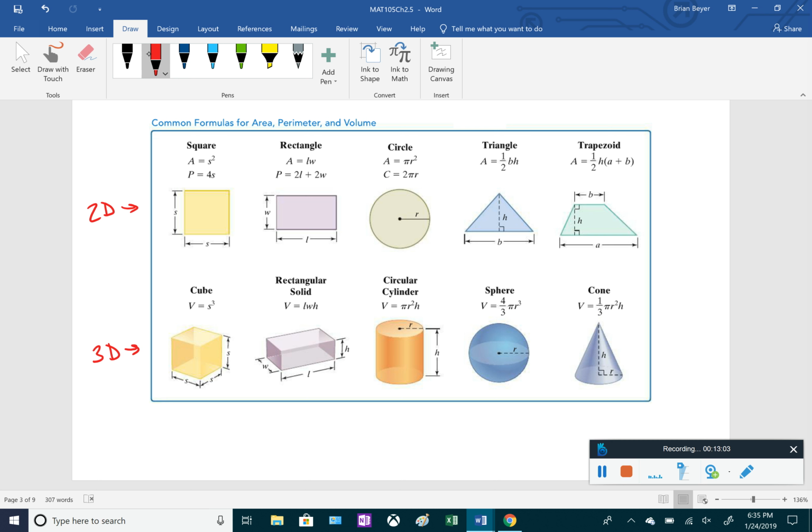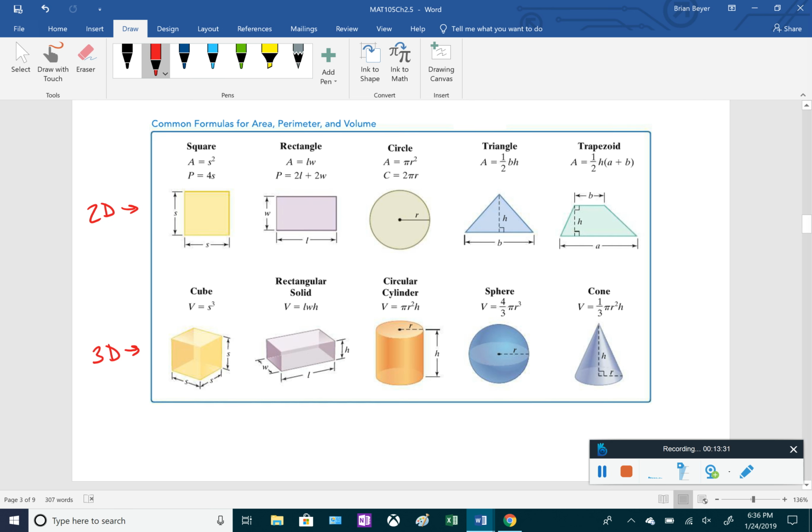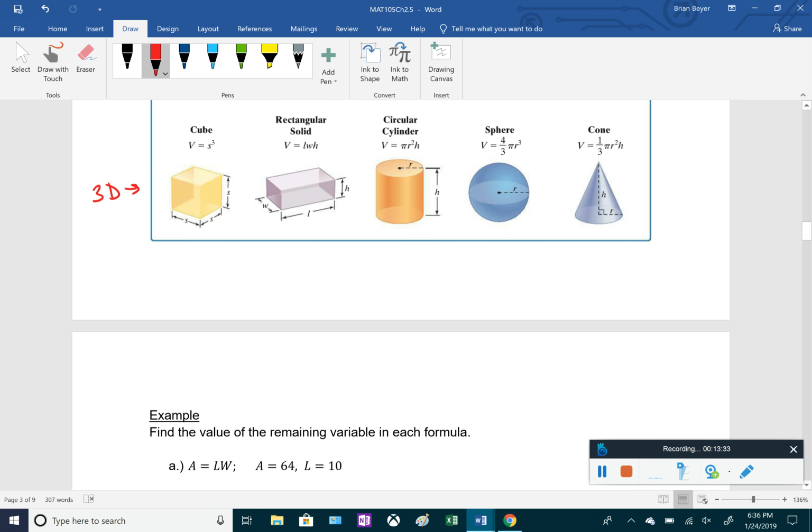So that's the A and the P that you see for those formulas up there. And for the formulas for the three-dimensional shapes, we have volume, and we could also have surface area, which is not included here. Area is going to be squared units, and volume is going to be cubed units, and perimeter is just going to be one-dimensional. So you can glance at those if you want. We'll be using a couple in a second.